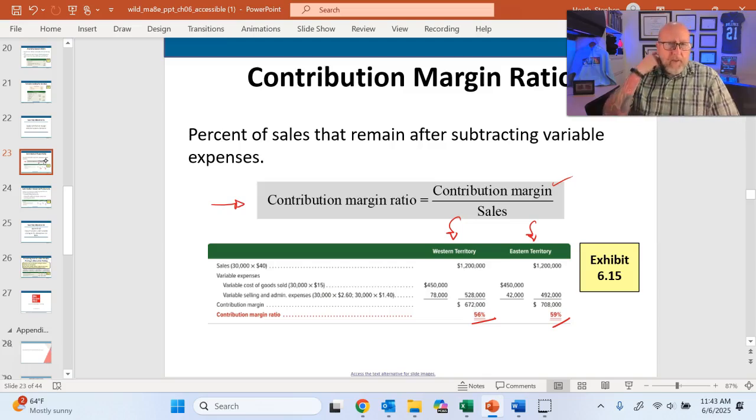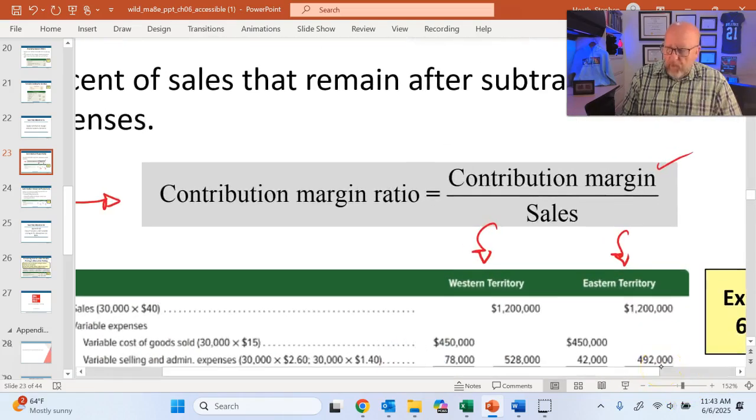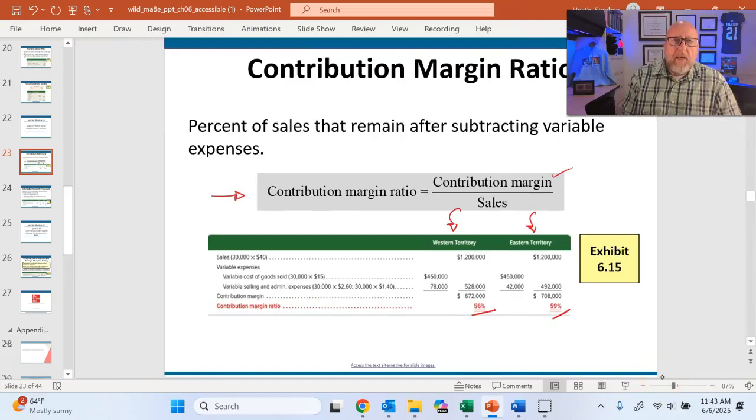Now, if I look at the information a little bit closer, maybe we're selling for the same price in the West as opposed to the East. And the variable cost of goods sold for both products is $15. So again, the revenue and the variable cost of goods sold are the same for the products that we sell in the Western territory as opposed to the Eastern territory.